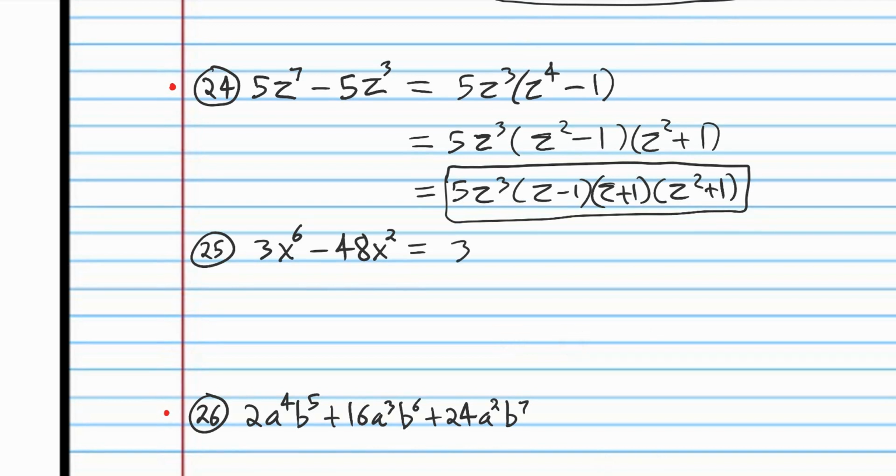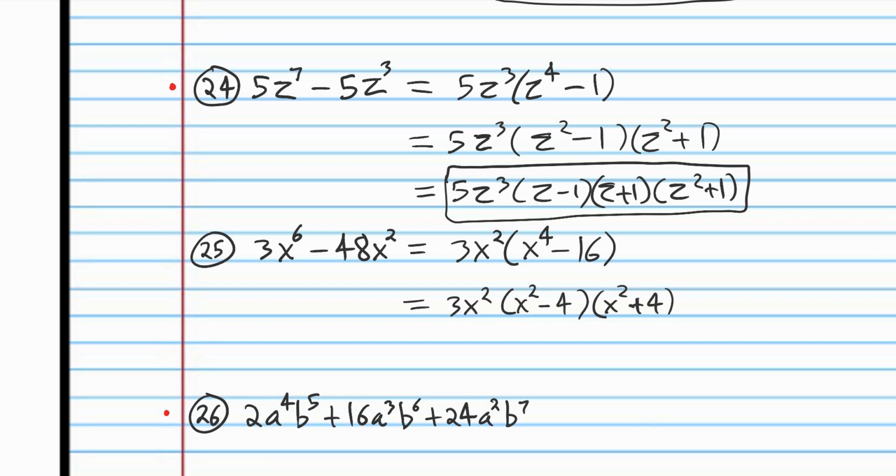So we're going to factor out 3x squared, and again, we have the difference of two squares, but x to the 4th doesn't look like a square. So we have x squared and x squared instead of x and x. What two numbers multiply to 16?